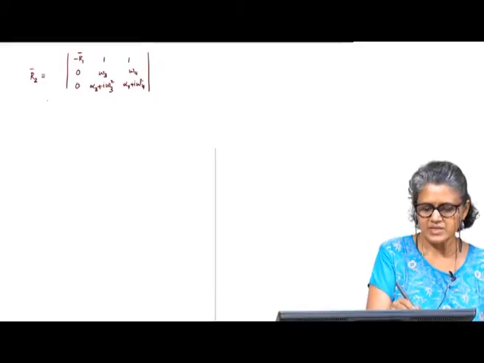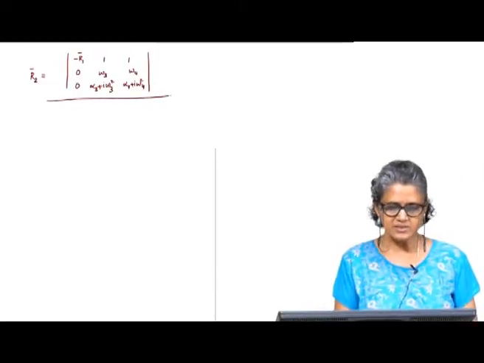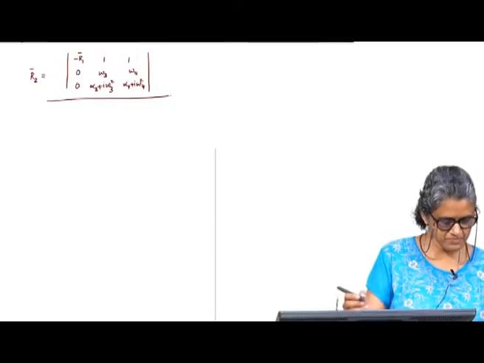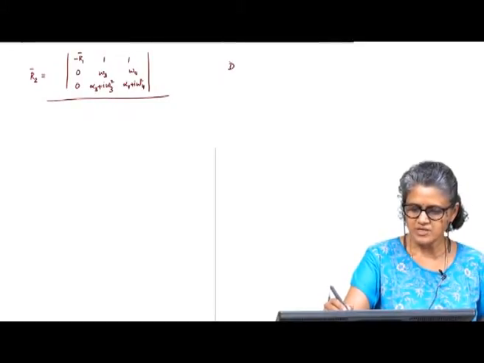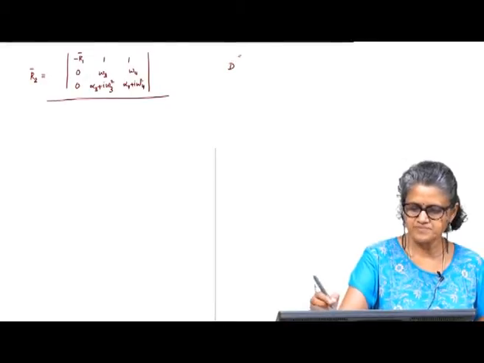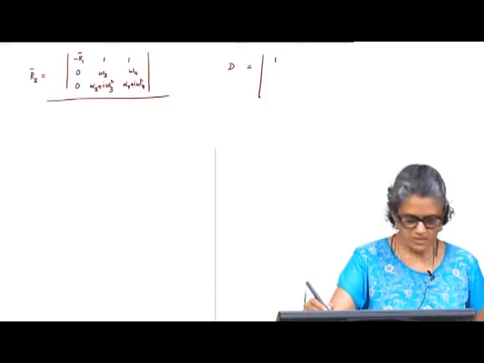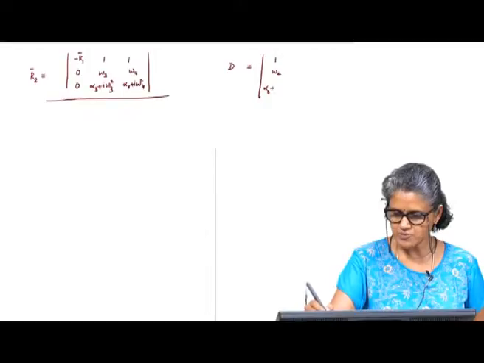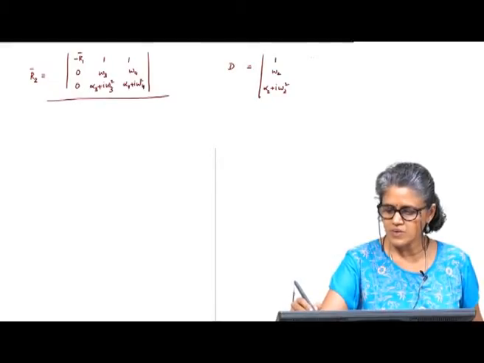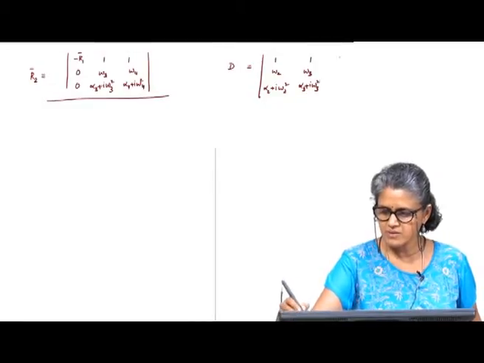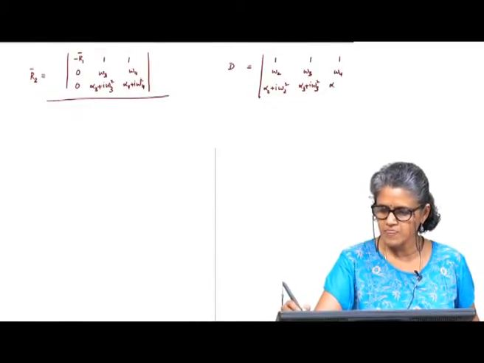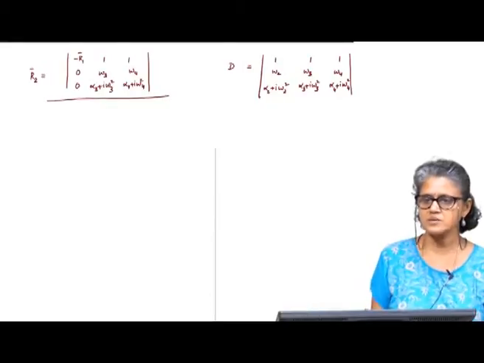That will be the numerator, and the denominator will be common for all of them. If I take denominator determinant D, it will be the determinant of 1, omega 2, alpha 2 plus i omega 2 square, 1, omega 3, alpha 3 plus i omega 3 square, 1, omega 4, alpha 4 plus i omega 4 square. This will be my determinant.